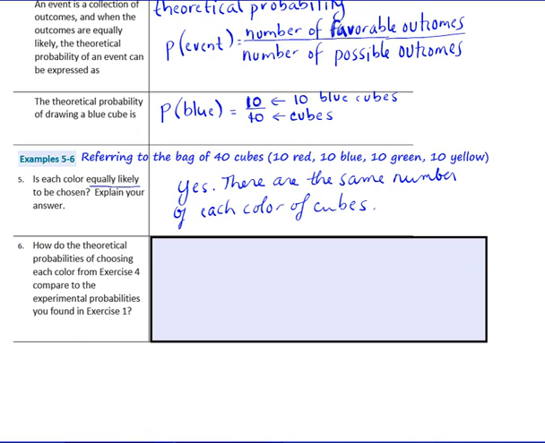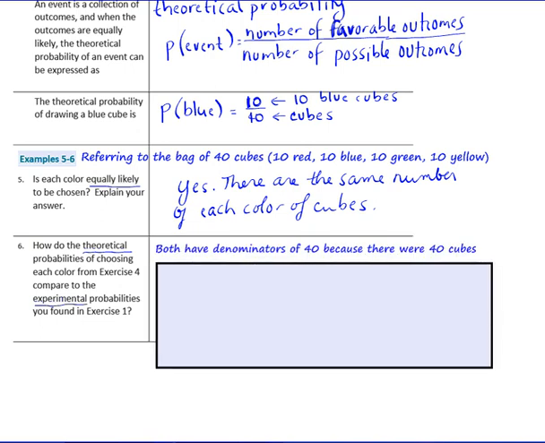Number 6, how do the theoretical probabilities for choosing the colors in exercise 4 compare to the experimental probabilities in exercise 1? Now remember that theoretical probability is what you expect to happen based on the numbers. The experimental probability is what actually happened based on the experiment.